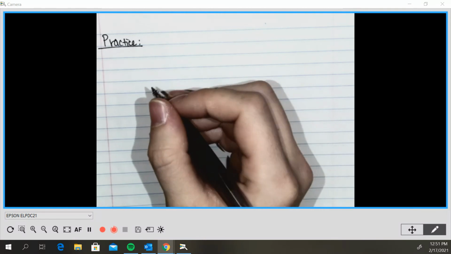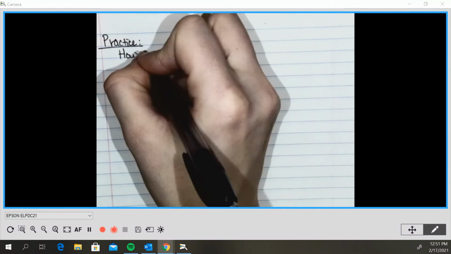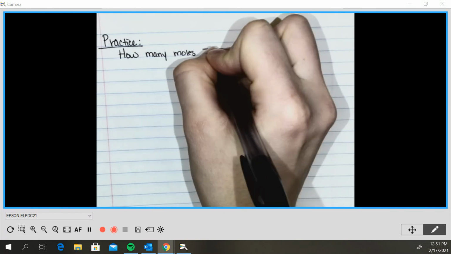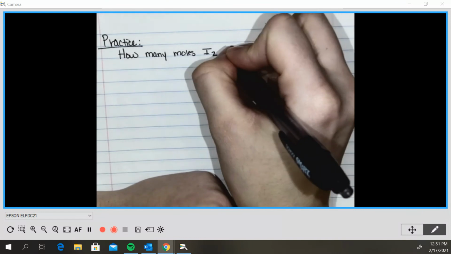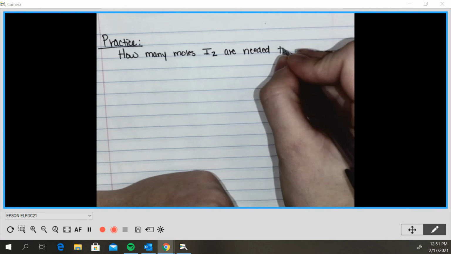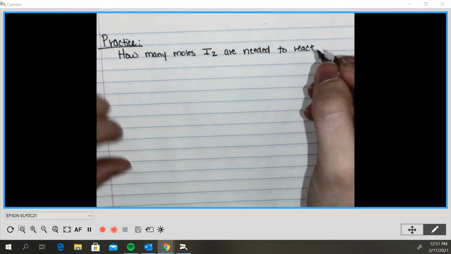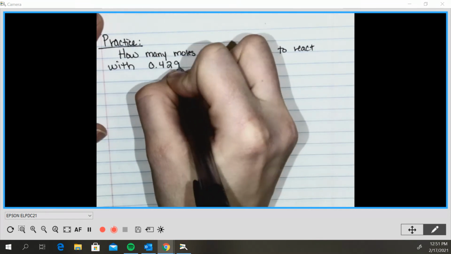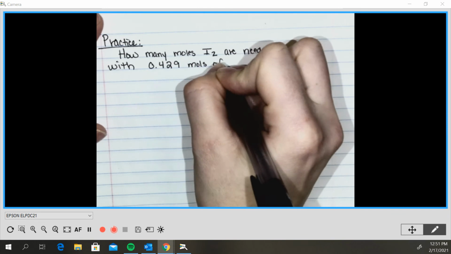Okay, so I've got 2 practice problems for you. We're going to start with the first one, and then I'll write down the second one. Practice problem: How many moles of I2 are needed to react with 0.429 moles of aluminum?